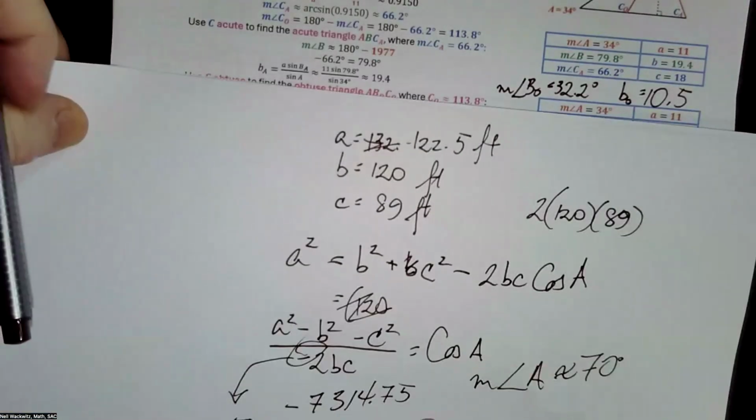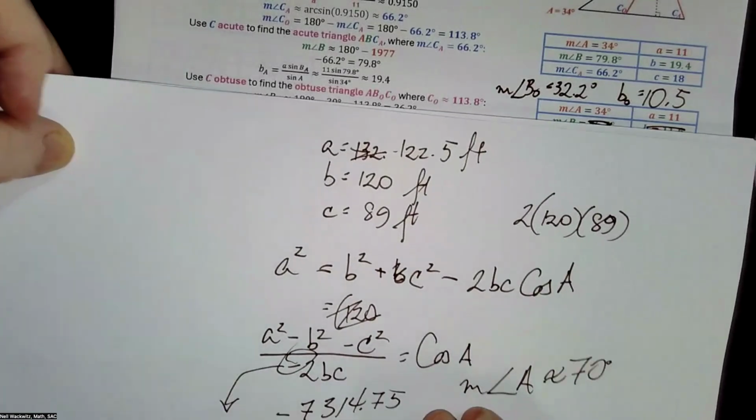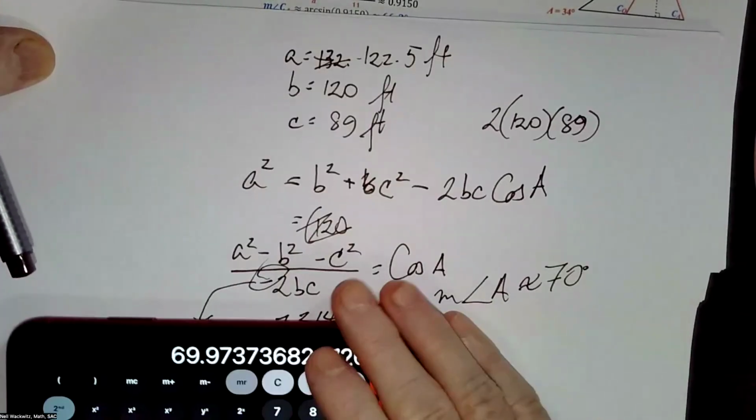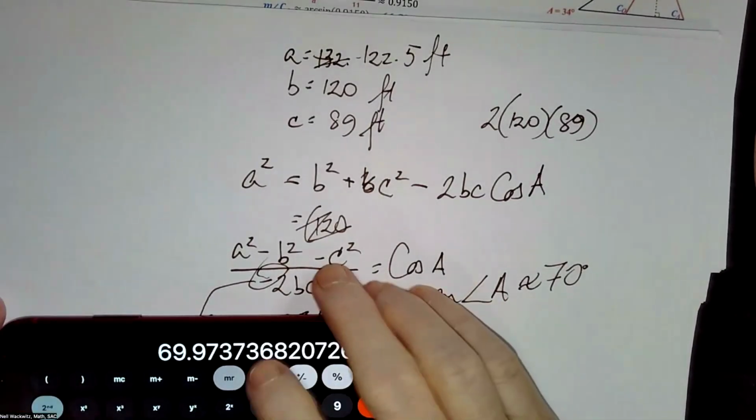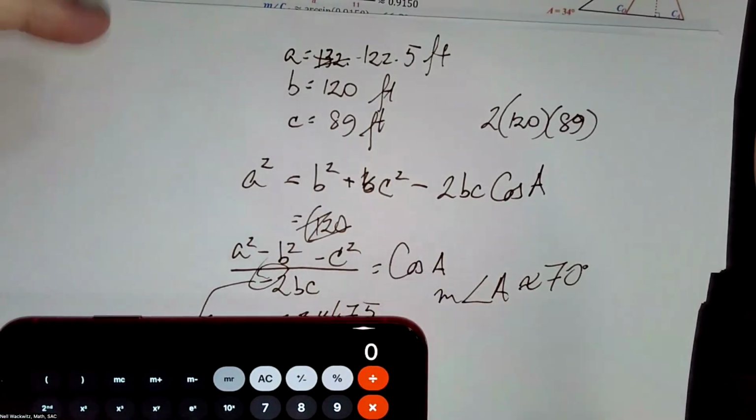Okay, well, now we can use the law of sines or the law of cosines to find the next angle. What do y'all want to use? Sorry, could you say that one more time? Yeah, sure.